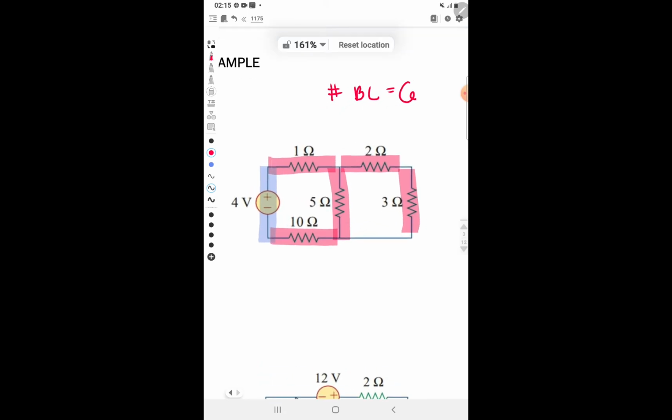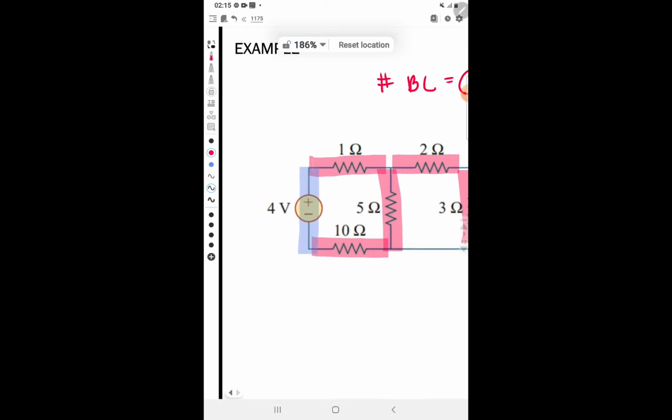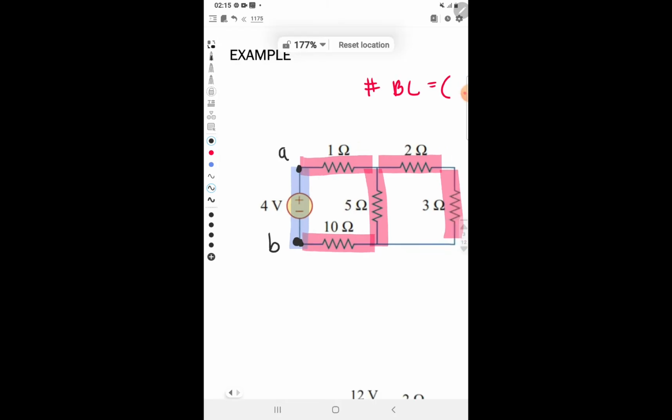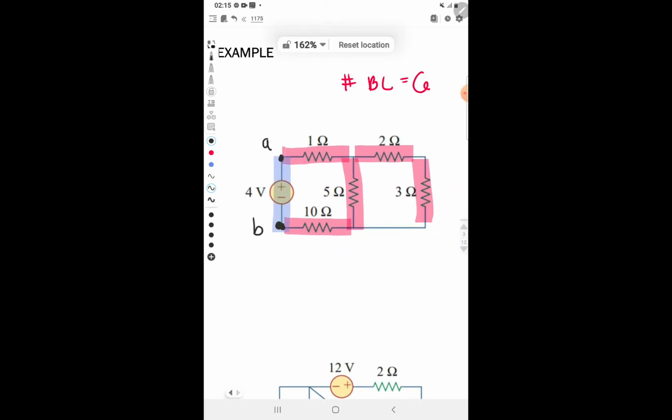So take note that 4 volts, let's say this will be our node A, node B, terminal ng ating 4 volts. Okay, then terminal ng ating 1 ang pupunta dito.